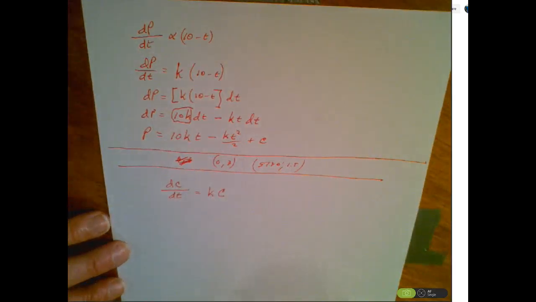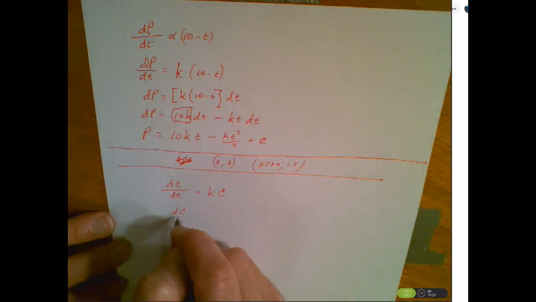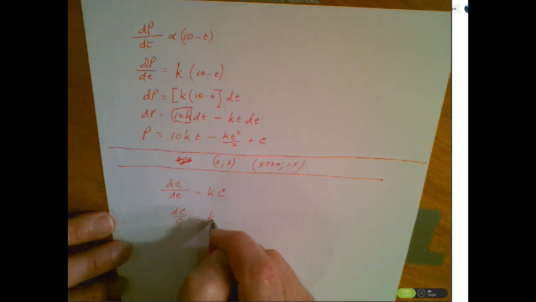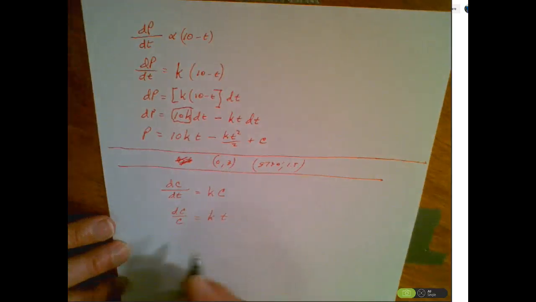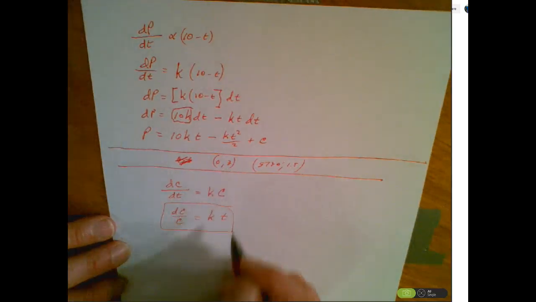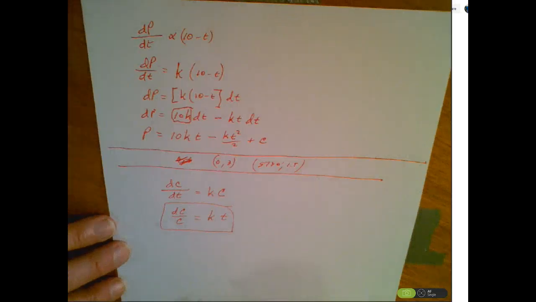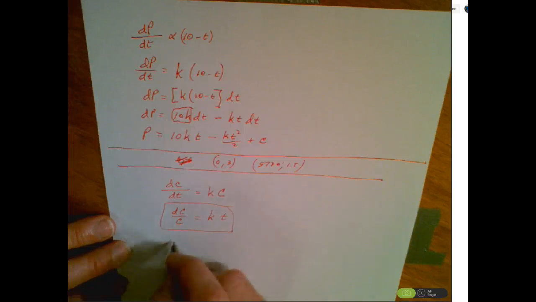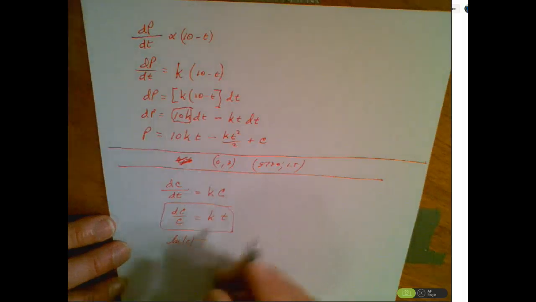Okay, that's great. So dC over C is equal to K dt. Now, we've been doing this over and over again. We don't get to just go to the answer because we've got to show all our steps. So we have a minute and 10 seconds to do it. Okay, natural log absolute value of C equals what?